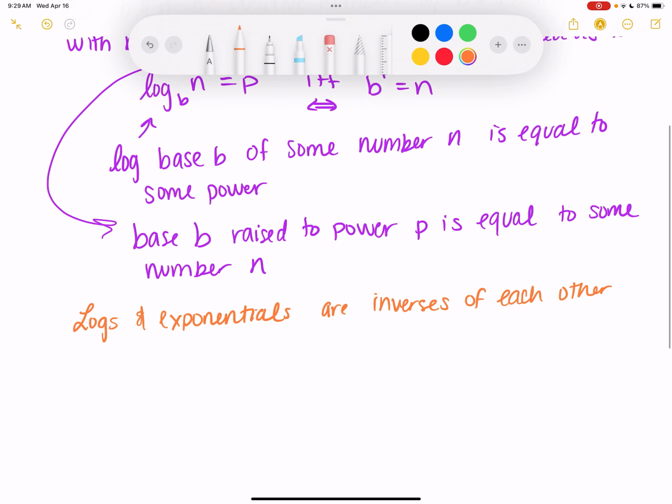So I'm going to do one where I'm going log to exponential, and then I'm going to do one that's going exponential to log.